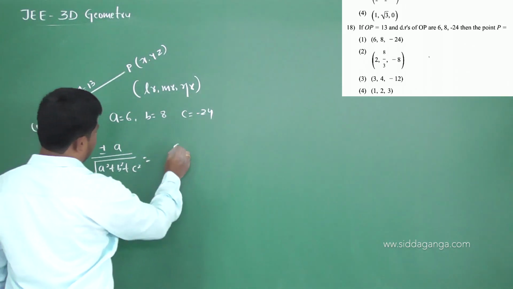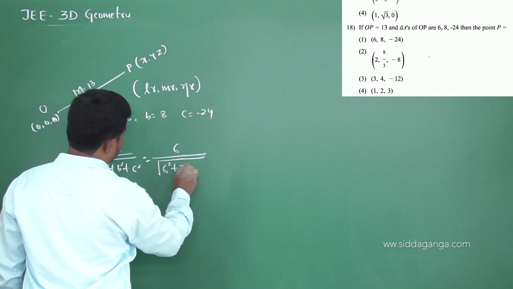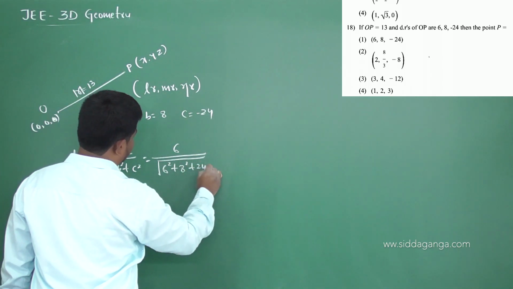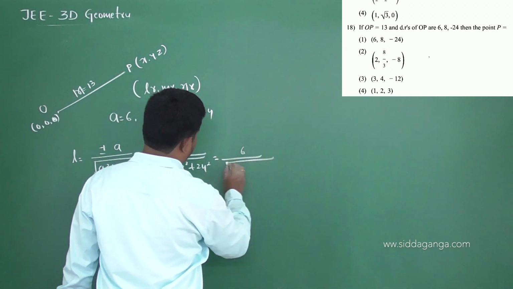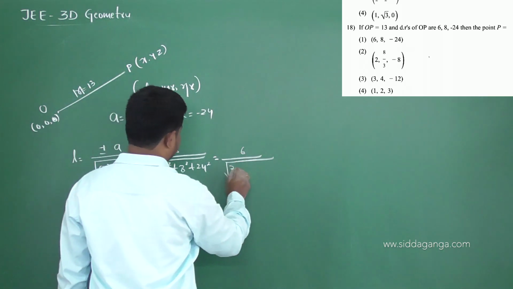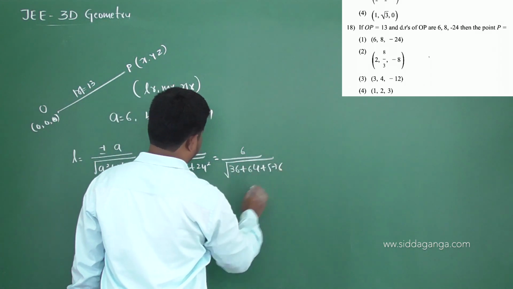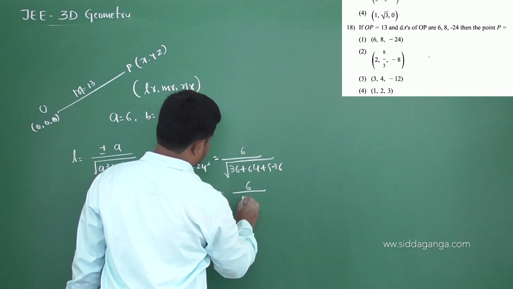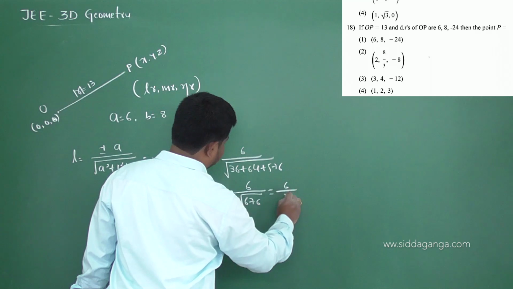So 6 divided by root of 6 square plus 8 square plus 24 square. That is 6 divided by root of 36 plus 64 plus 576. You get 6 by root 676, that is 6 by 26.